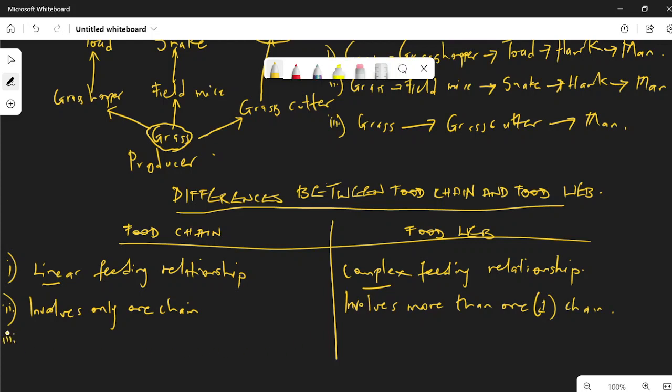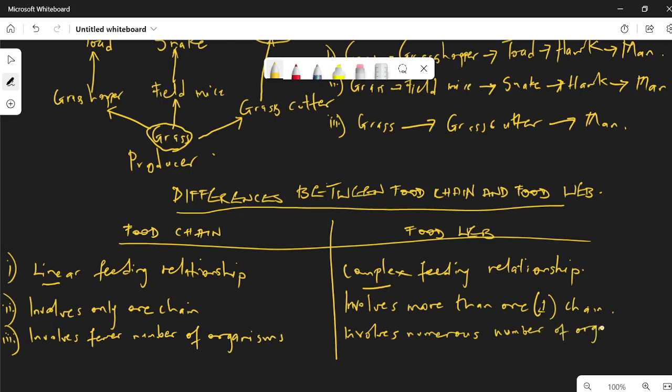Number 3. Food chain involves a fewer number of organisms, while this one involves a numerous number of organisms.